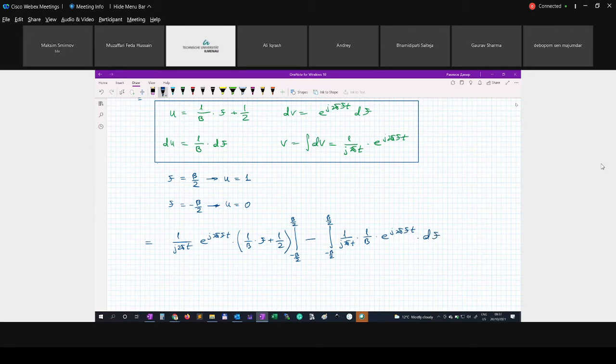Okay, let's try to understand what happens with the first part. If we substitute B over 2 and minus B over 2, let's check what happens in this case.